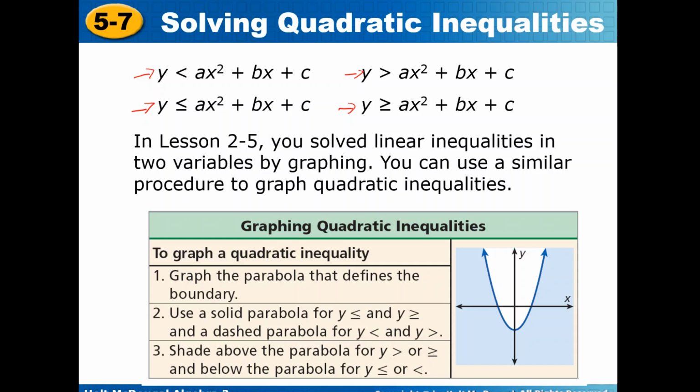So just like before, if it's a solid line, that means it's equal to, and if it's not equal to, it's going to be a dashed line. And then we're going to shade above the parabola if y is greater than or equal to, or we'll shade below the parabola.